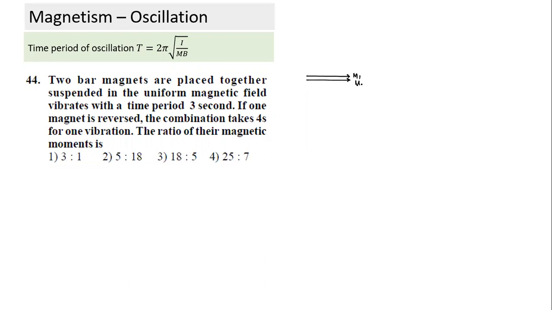So one case is M1 plus M2, and the other case is M1 minus M2, assuming M1 is greater than M2. There are two oscillations. Which case will have the greater time period? Time period is greater when M is smaller. When is M smaller? When they are placed in the opposite sense. So corresponding to this is 4 seconds and corresponding to this is 3 seconds.